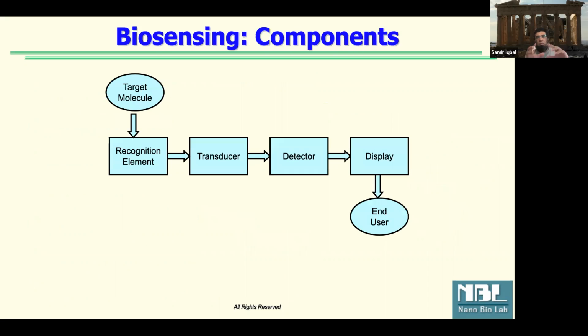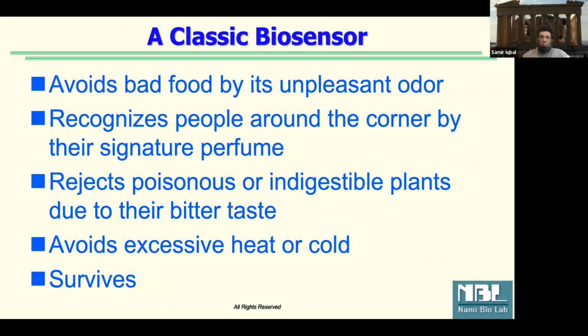So whatever we do, there are some basic components: we want to target, and we want to transduce, convert it into a specific signal so the end user can look at the signal and make a judgment, right? So give me an example of a classic biosensor that we all have, and it has these qualities.